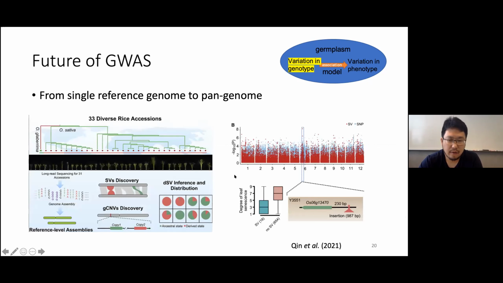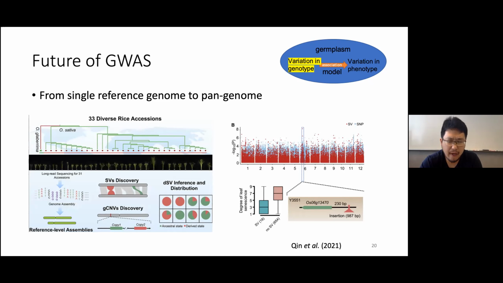The other thing is, so far we've been talking about calling the SNPs or other types of markers using a single reference genome. But with advances in sequencing technology, there are more and more pan-genomes for some species. For example, this paper was published, I think, last month. They assembled 33 rice genomes and created a pan-genome for rice.